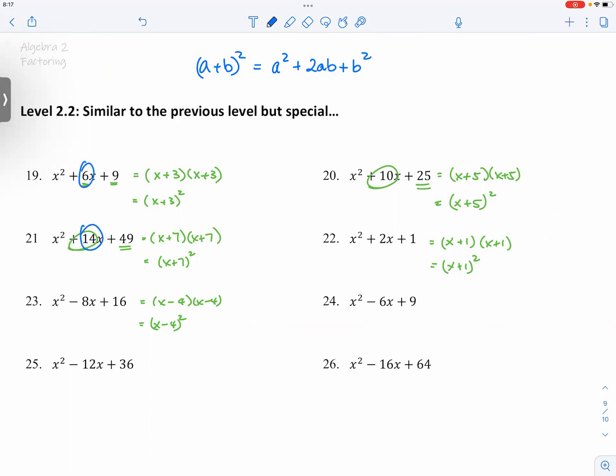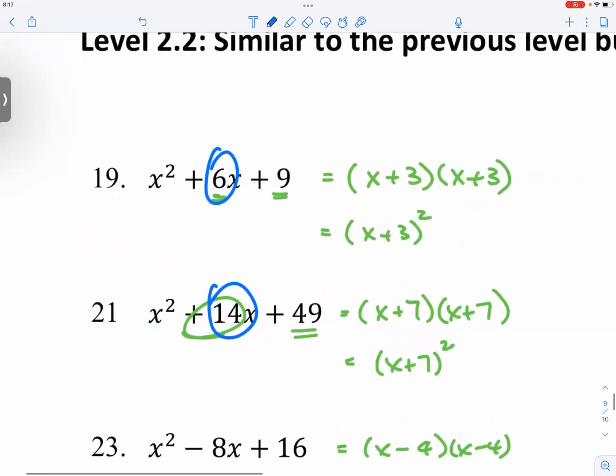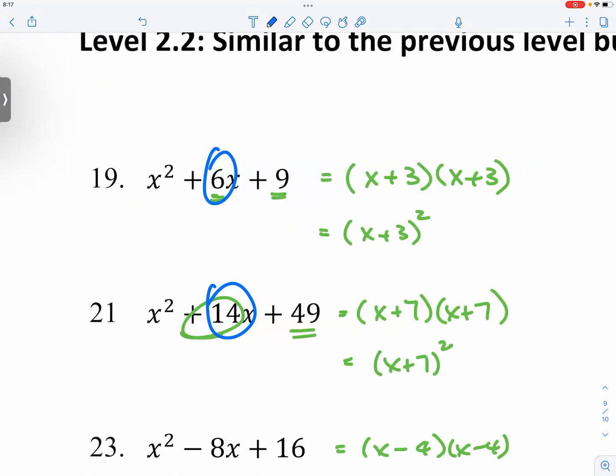Look at all the numbers right here. How is it 6? Because this is like your a, this is like your b. a squared plus 2ab plus b squared. a is your x, 3 is your b. So you can look at it through this form, and that makes a lot of things a lot faster.